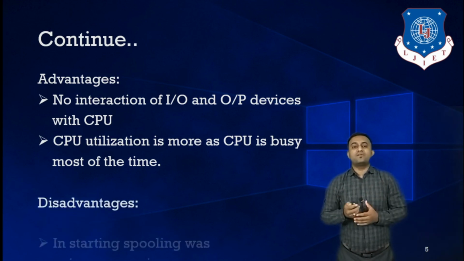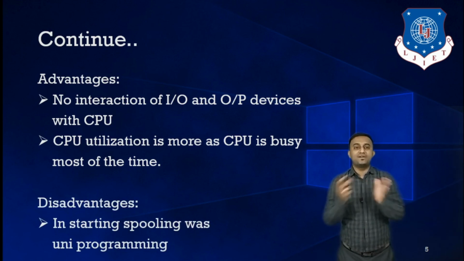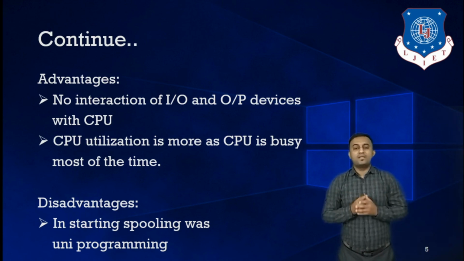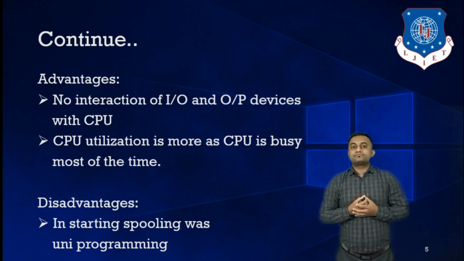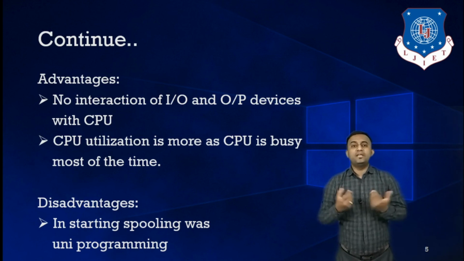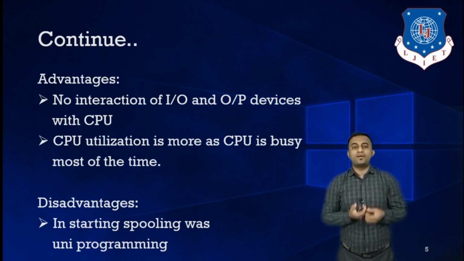Now what are the disadvantages? As far as disadvantages are concerned, again, with a uniprocessor machine, we cannot execute more than one task at a time, definitely. But in this case, we cannot achieve the advantage of a multi-programming or multitasking operating system that we are going to discuss in an upcoming session.